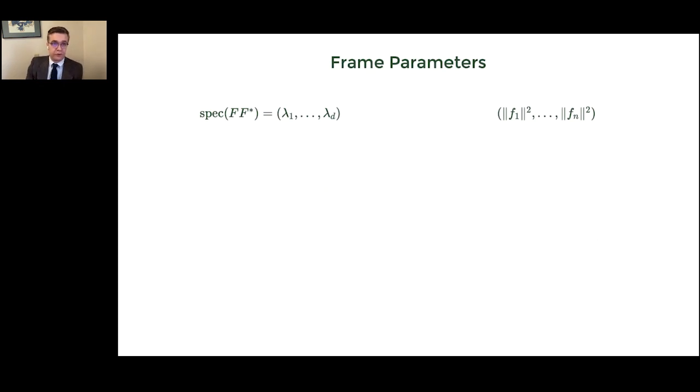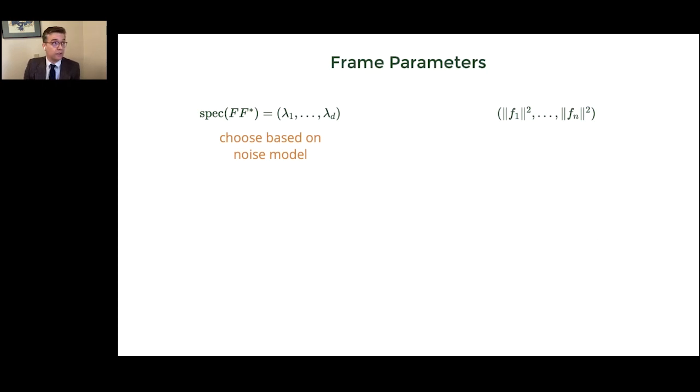So even more generally, we're going to think about frames where we specify the spectrum of this FF star. Again, for the Parseval frames, the spectrum would just be all 1s. But in general, we don't necessarily want all 1s, because typically you want to choose this spectrum based on your noise model. If you have white noise, you should choose these to be all 1s, or all the same at least.